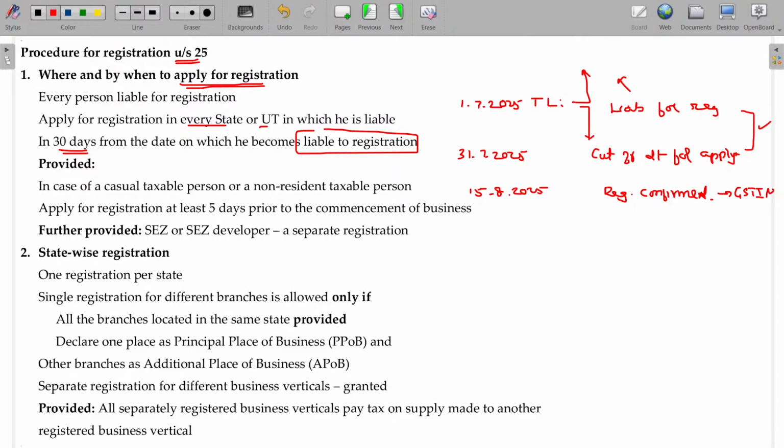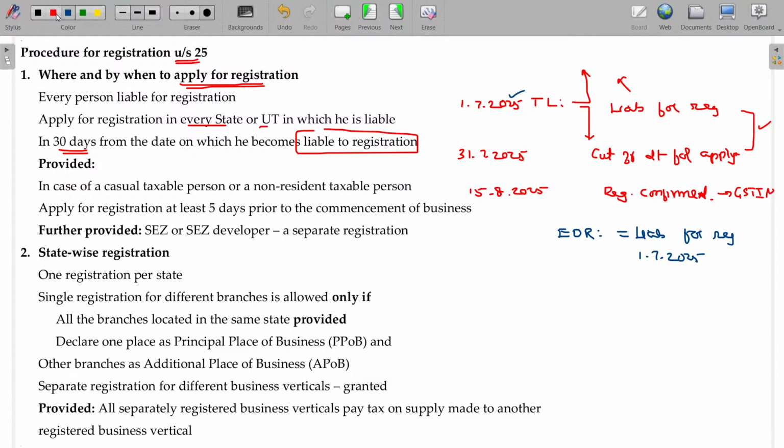If you apply within the 30 days, sometimes later you will get the registration certificate and the GST number allotted. Now, what is the effective date of registration for your purpose? Effective date of registration in this case is equal to the date liable for registration. What is the date liable for registration? 1/7/2025.